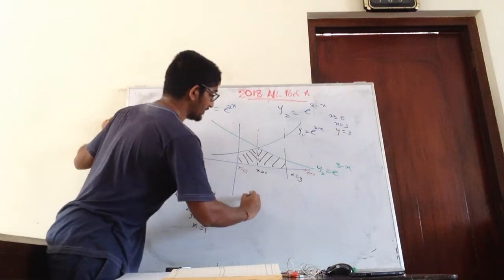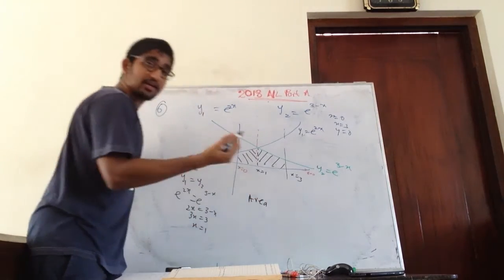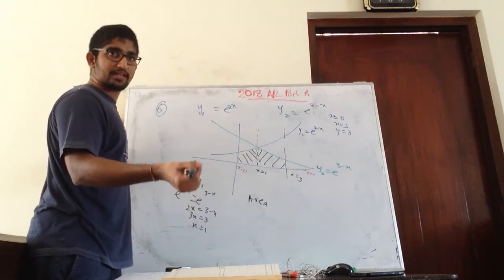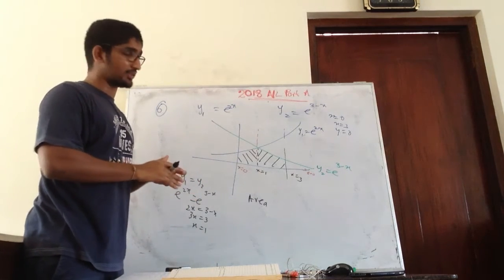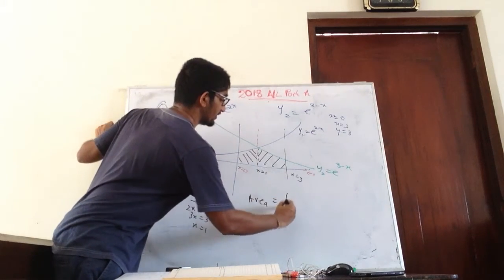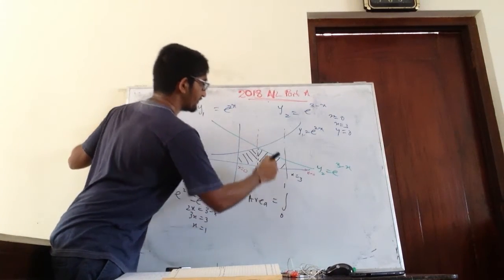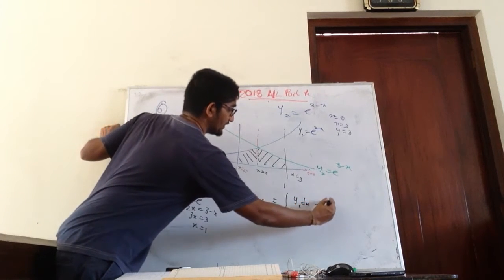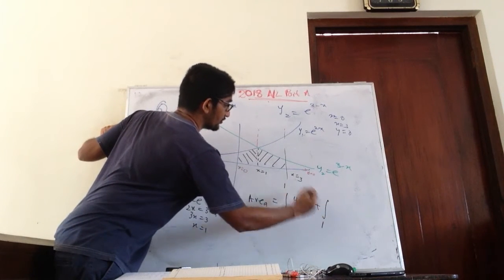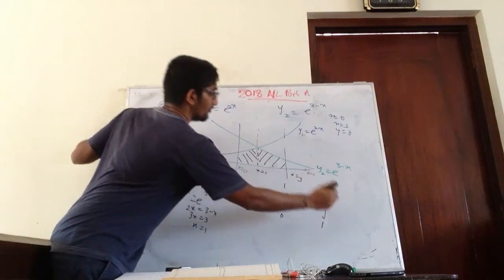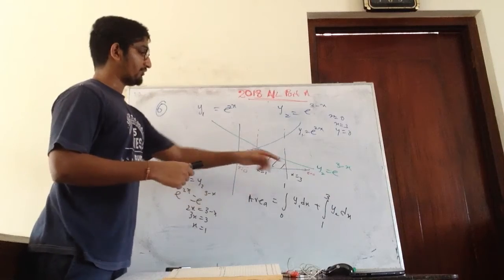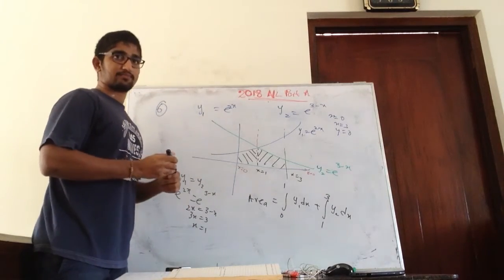Area can be found by integration. That is one of the fundamental applications of integration. So now area can be written as the integral from 0 to 1 of y1 plus the integral from 1 to 3 of y2 dx. If I find this out, I'll get the answer.